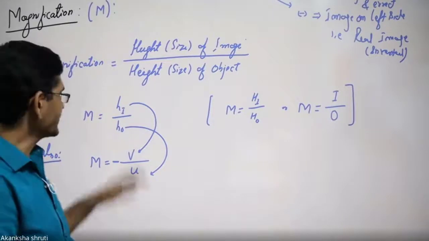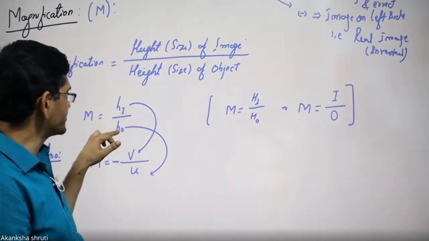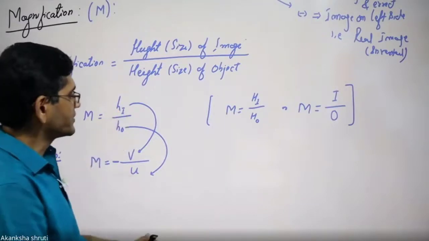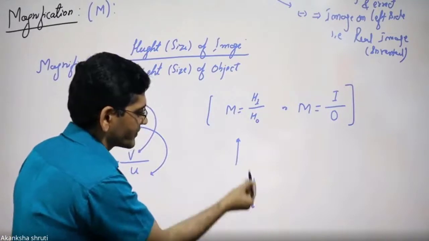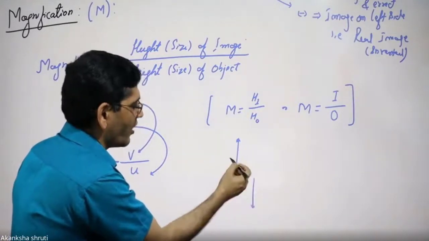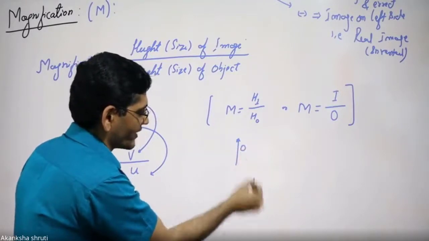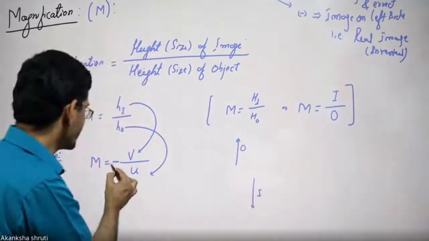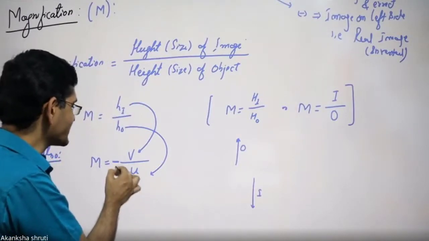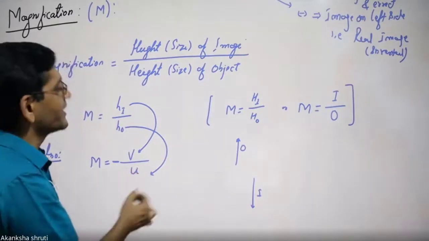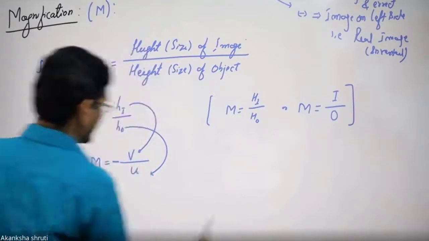Because HO by HI: if the object is upward then the image is downward. They have opposite signs. That's why this negative is introduced while taking the ratio. But you have to keep in mind this formula.